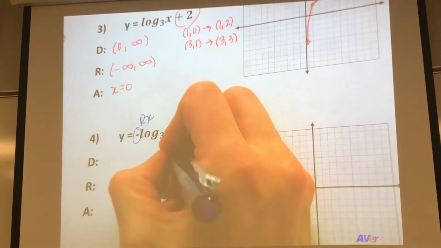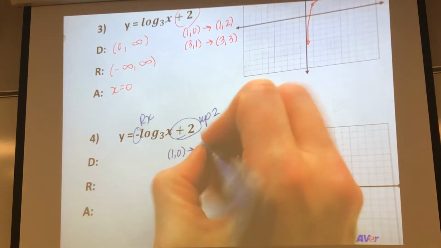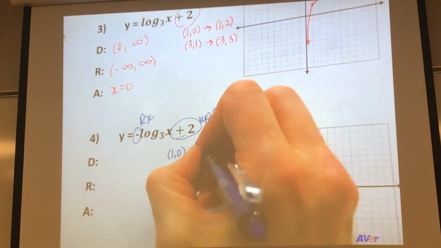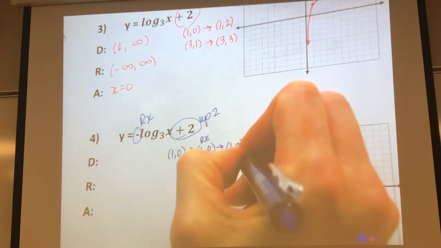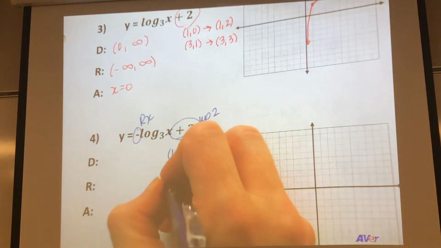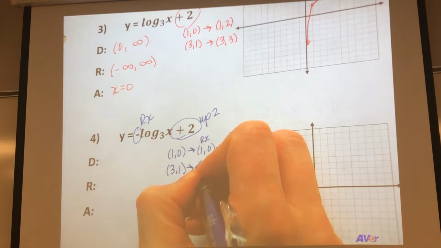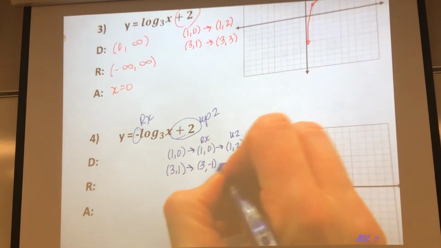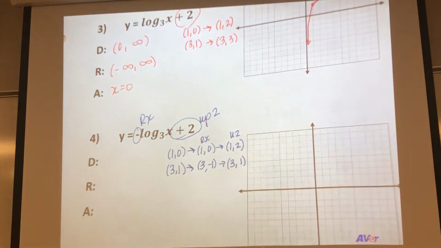So we're going to take our points, 1, 0, reflect it over the x, which changes your y, so 1, 0 isn't going to change, and then move it up 2, 1, 2. Do that with our other point, 3, 1. Reflect over the x, your x stays the same, but your y changes, so the 1 goes to a negative 1, and now we're going to move it up 2, so that's 3, 1.